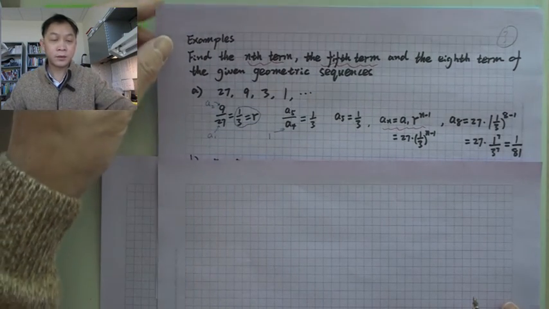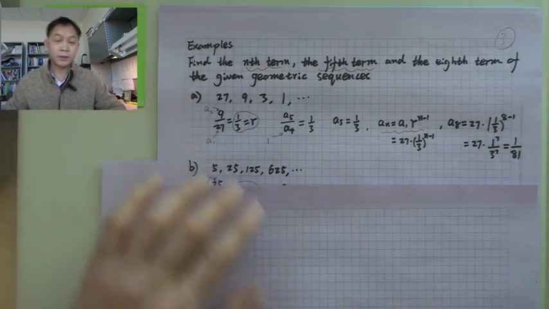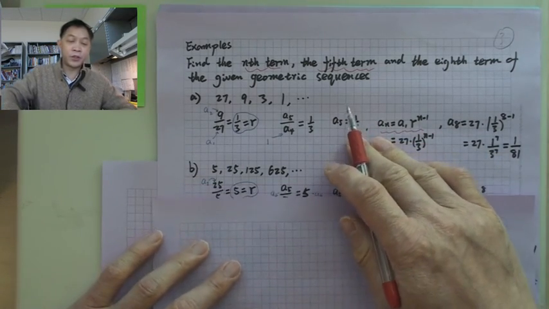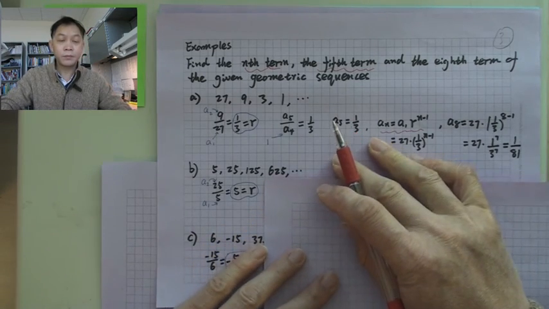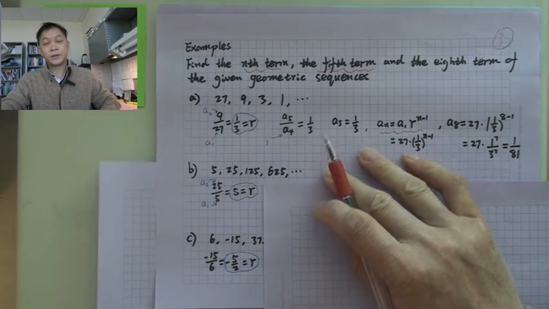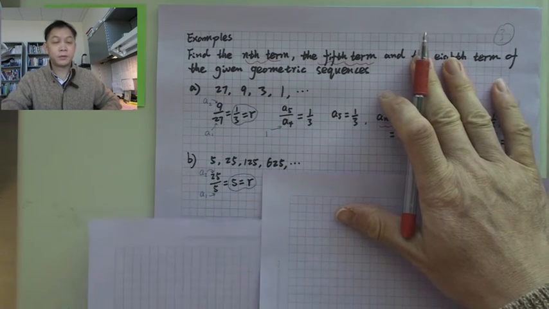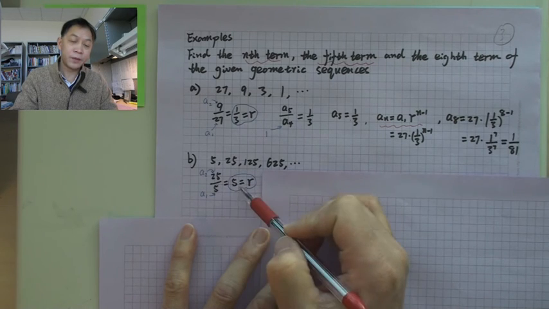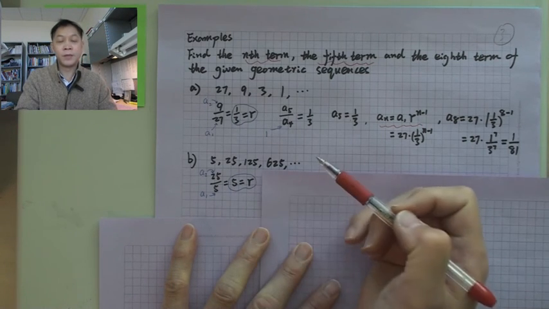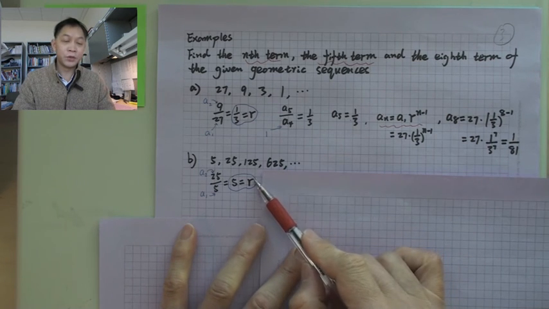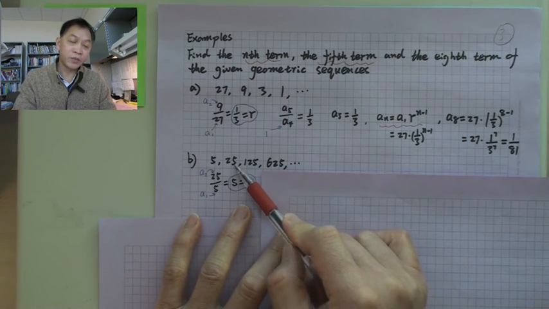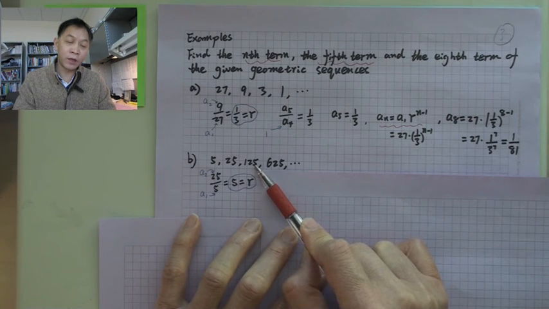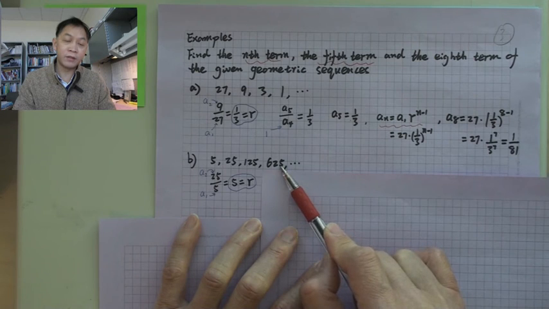Okay. Now, second example, this one. For this one, we will find out the ratio. See right here, we have 25 over 5. That's 5. That's the ratio. And using the ratio, 5 times 25, you get 125. 5 times 125 is 625.